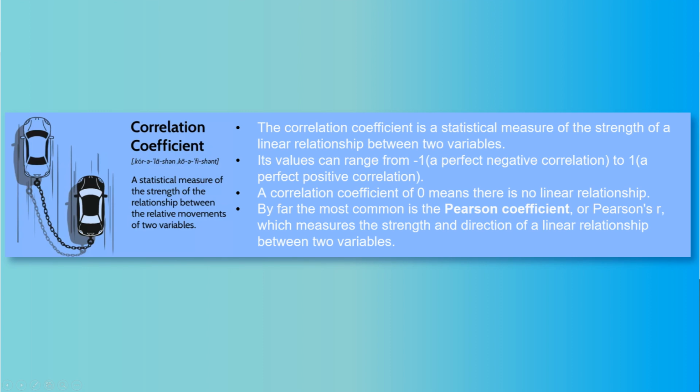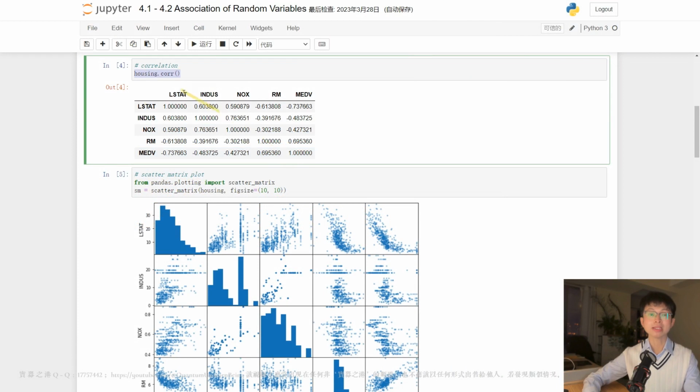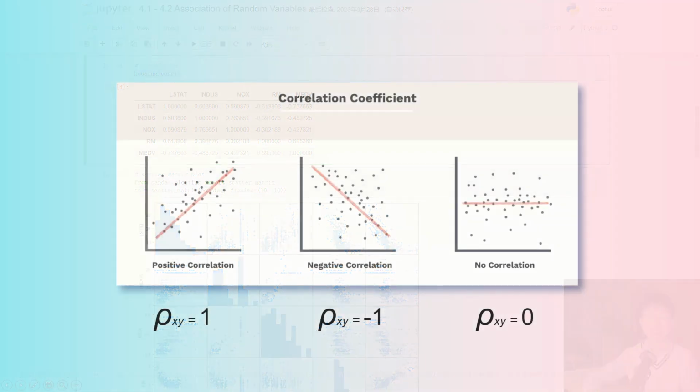More specifically, the housing.corr function returns a new data frame with the same columns and index as the original housing data frame, where each cell contains the correlation coefficient between the corresponding columns. The correlation coefficient ranges from -1 to +1, where a value of -1 indicates a perfect negative linear relationship.